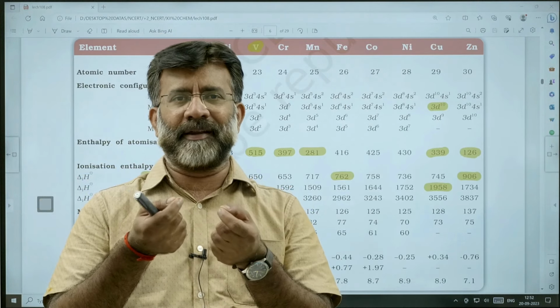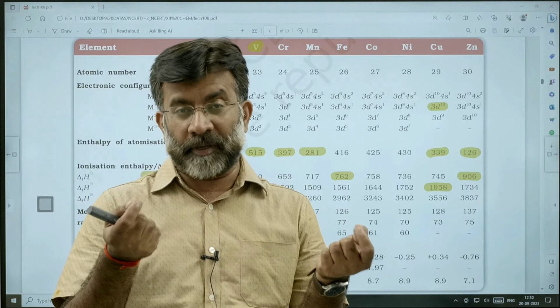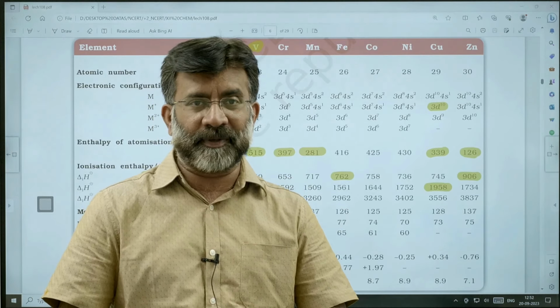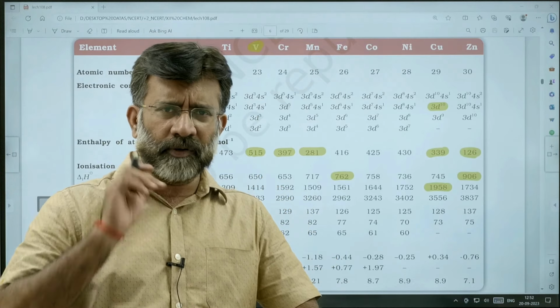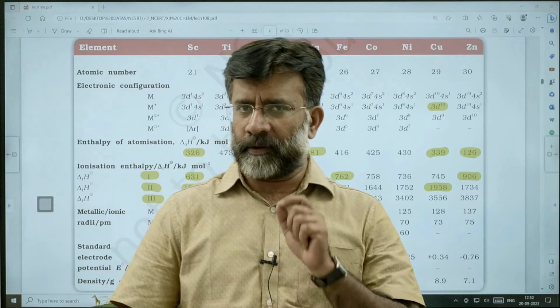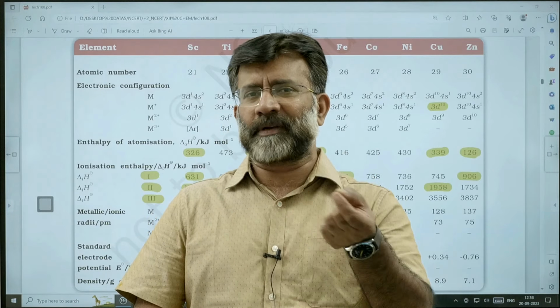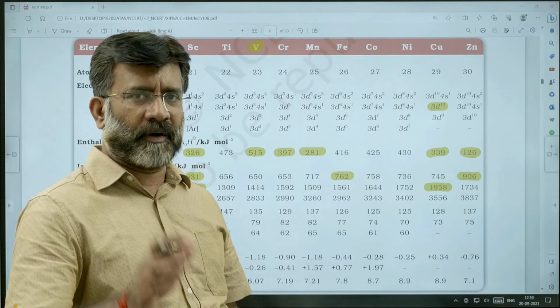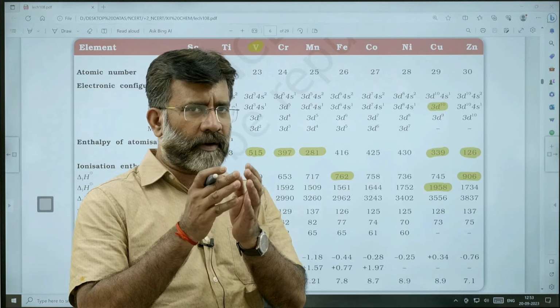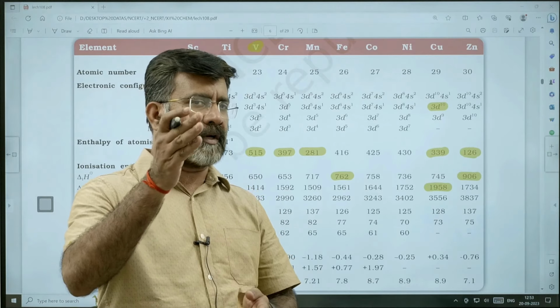It may not be successful in all the cases, because there can be exceptional scenarios, but mostly you will get a picture and a link to connect the value differences versus electronic configuration, because ionization enthalpy is closely related to electronic configuration also.